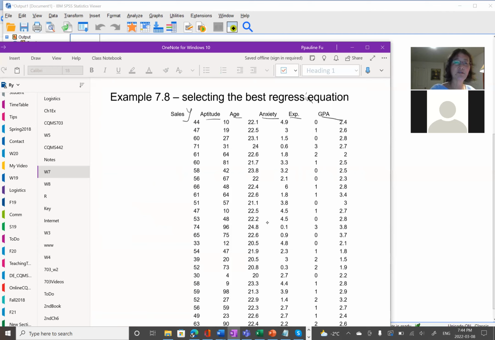I want to check if I have the data available here. This data is chapter 7, example 8. Yeah, I don't have this one here.